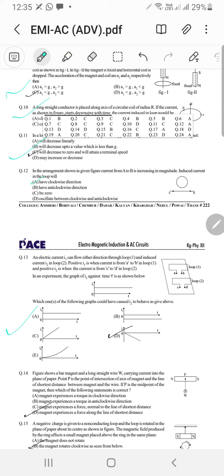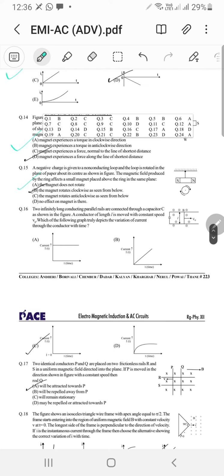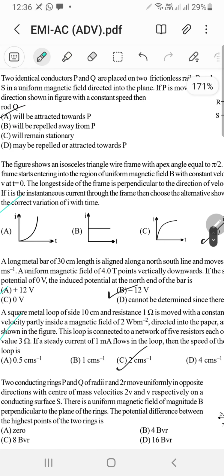Okay, anyway, it's A. 14th D, then B, C, A, B, C, A, 18th D, A, C. Oh no, this is A and this is C. Okay, this is weird. So it's plus 12.